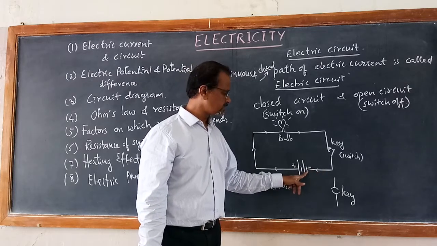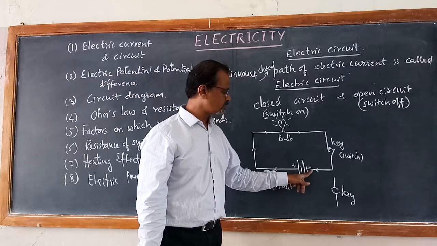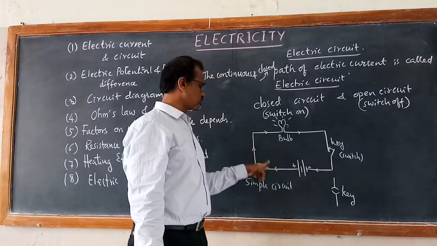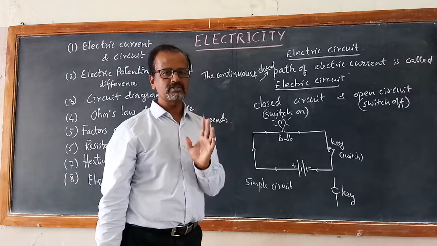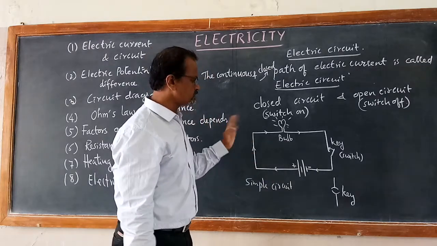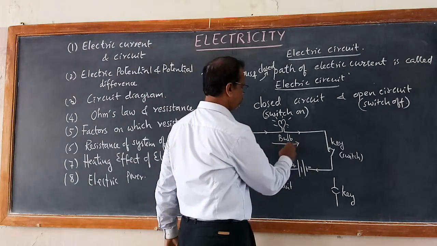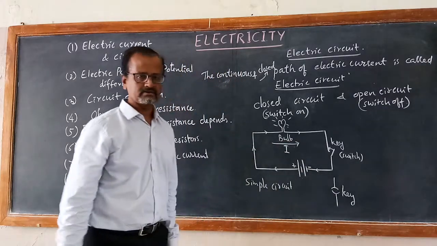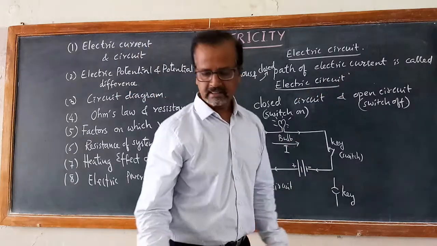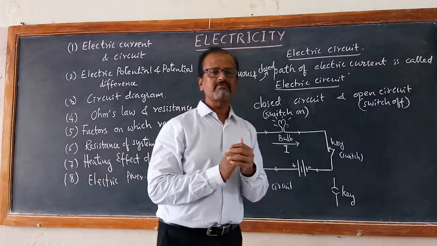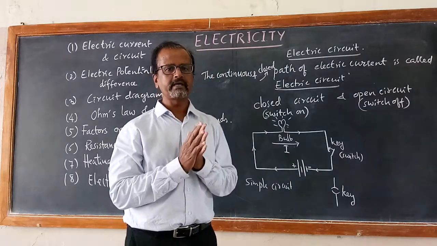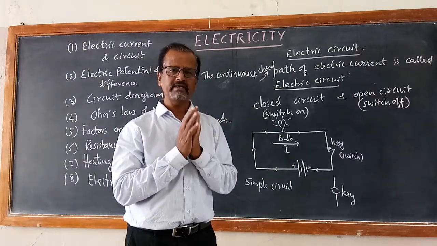From the negative terminal, electrons flow and reach the positive terminal. But the direction of electric current is opposite to the direction of flow of electrons. That's what we take as the conventional direction of electric current.